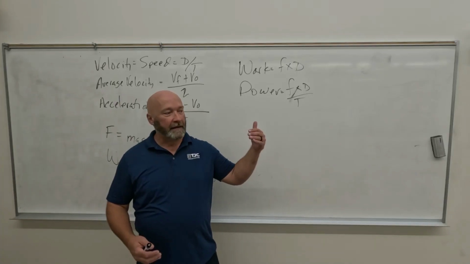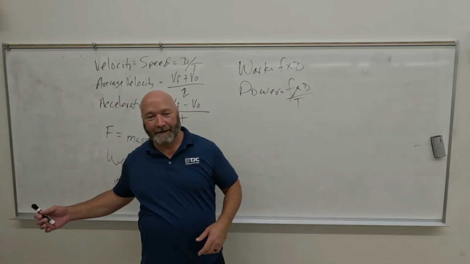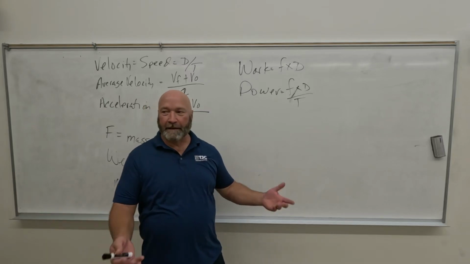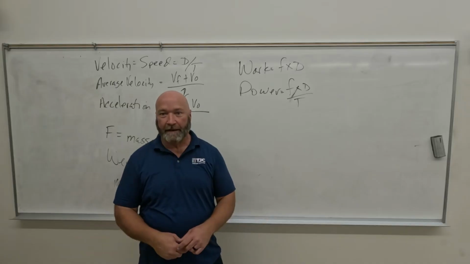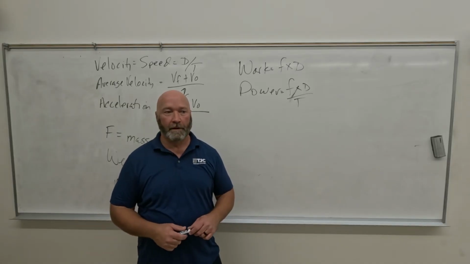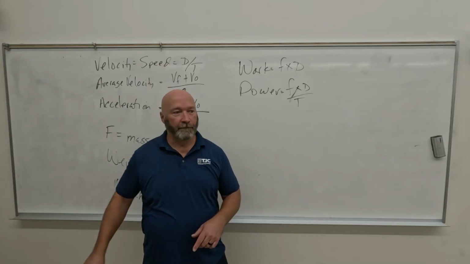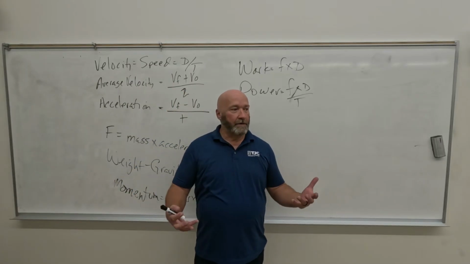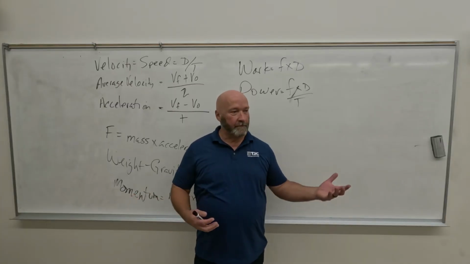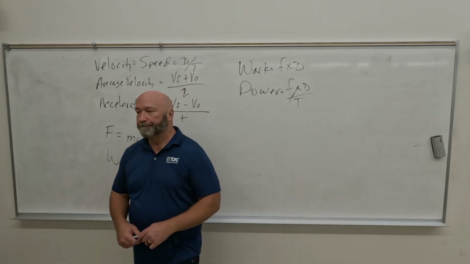Even if we didn't have the ground for it to hit, if this was a gas planet, it would still stop. Why? Force of friction, exactly. So eventually the molecules would slow it down and it would come to a stop anyway.